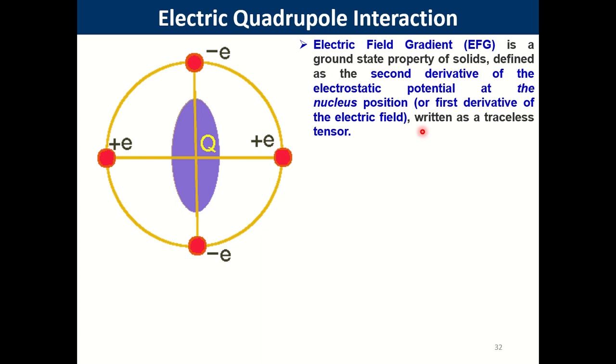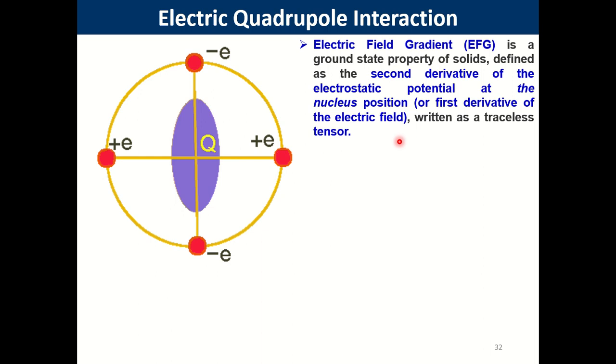That is important here. If there is a symmetric electric field, then the electric field may not be zero, but dE by dr can be zero, and you do not have any interaction with the quadrupole. There is no change in the energy. So the electric field gradient is a tensor.